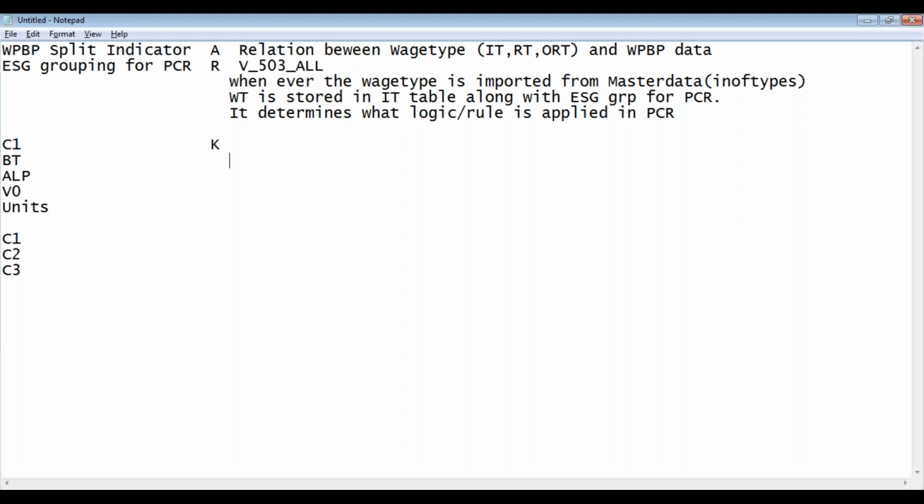The split indicator for cost center is K. I don't remember these things. These are the indicators we are going to use to identify the splits.